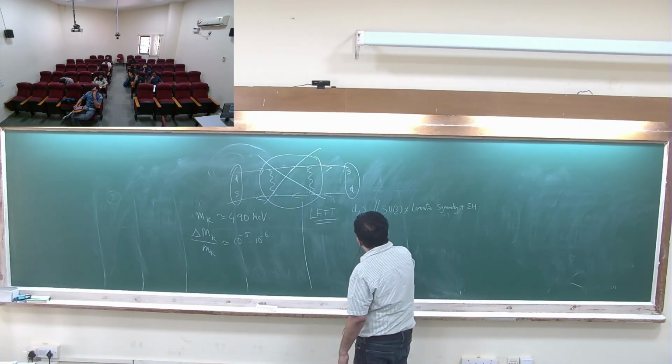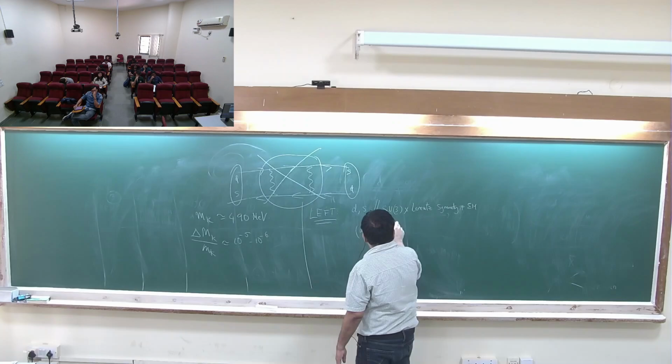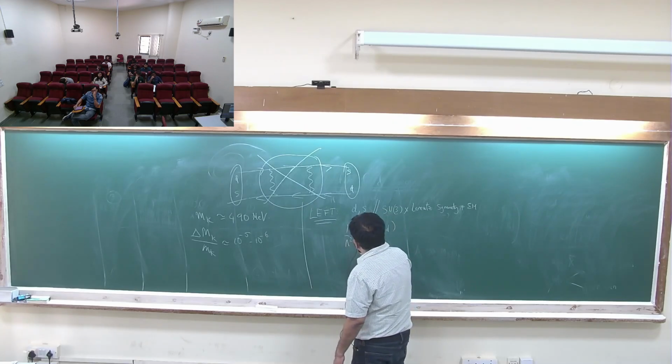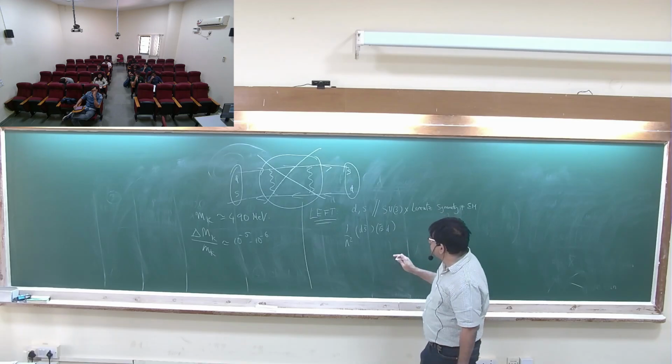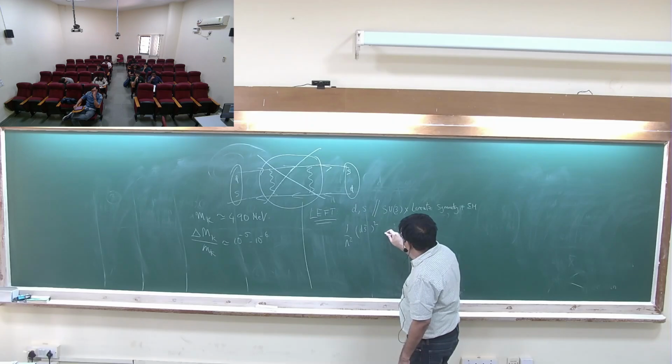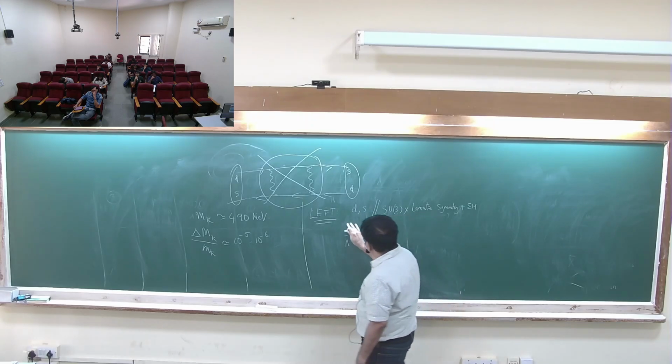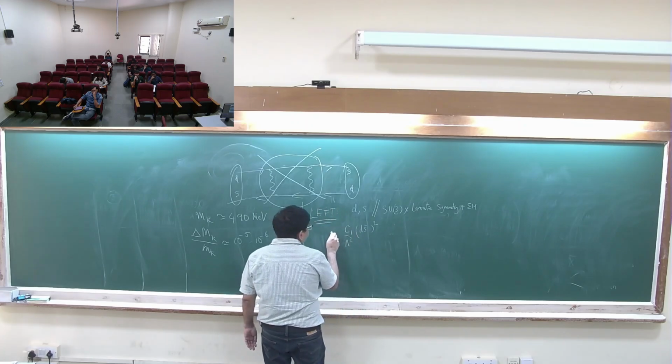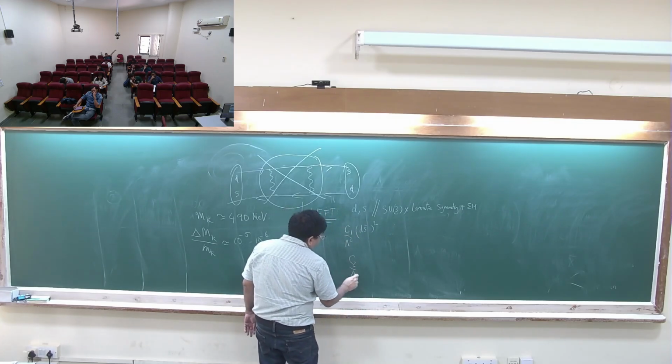d s bar, s d bar. You can write it like this. Then you put a coefficient C1, C2 by lambda square.